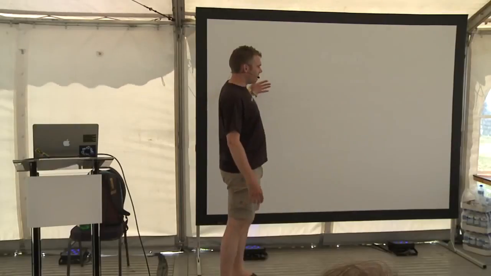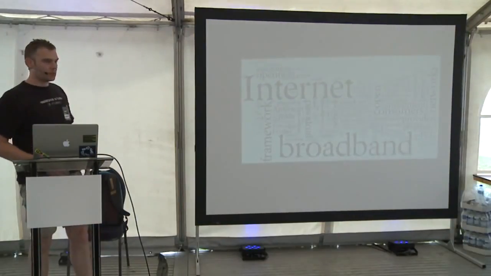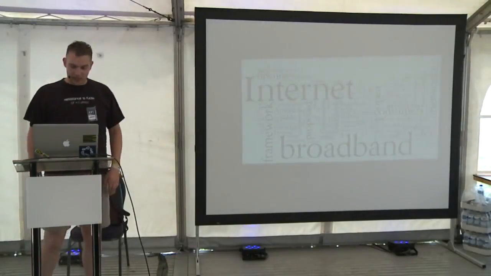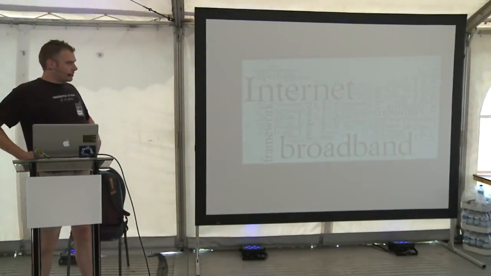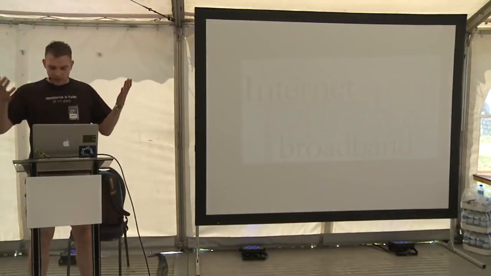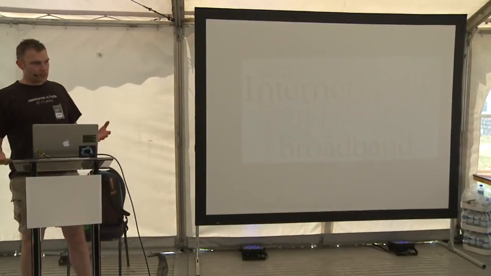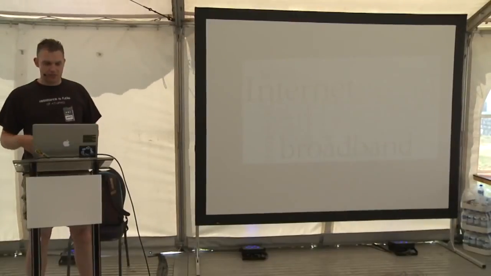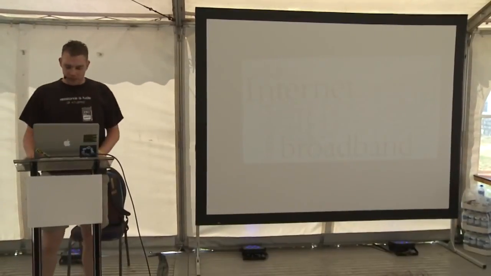I tested on Wi-Fi. There's a word cloud that has all kinds of words that are supposedly explaining net neutrality. I still think it's a very hard concept to explain and to say what it is, and it's even harder to test it.